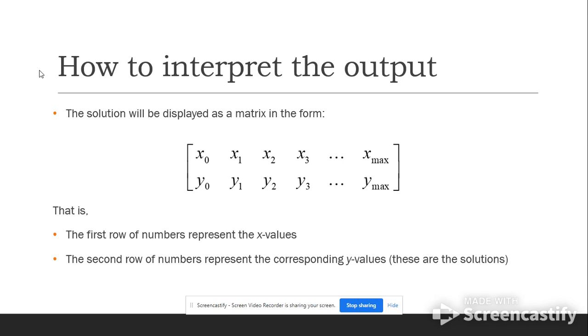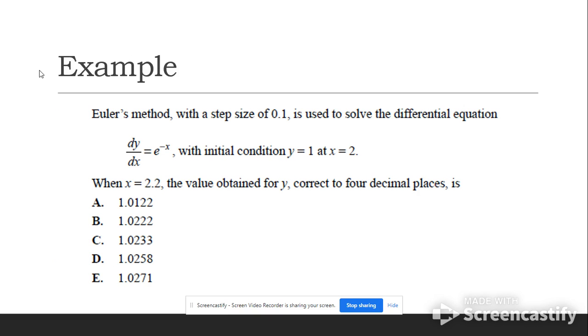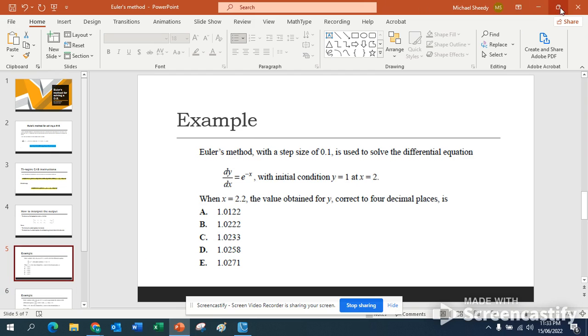So the first number in the second row will be y0, then followed by y1, y2, y3, etc. So let's look at some examples and how we can use our CAS to determine the solution.